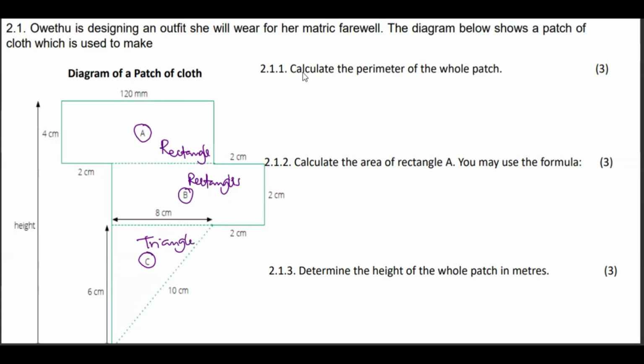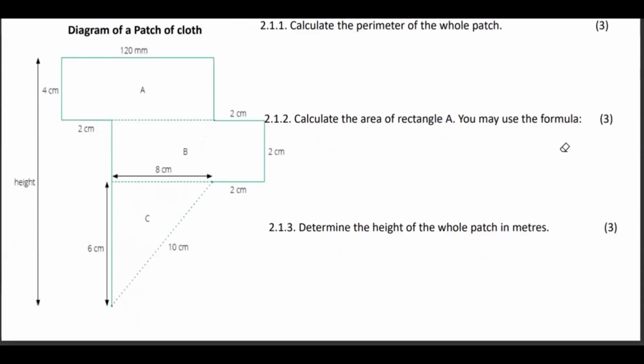They're asking us to calculate the perimeter of the patch of cloth. But take note, you need to know how many sides we are looking at. Perimeter is the total distance around a given shape. So we're going to count.